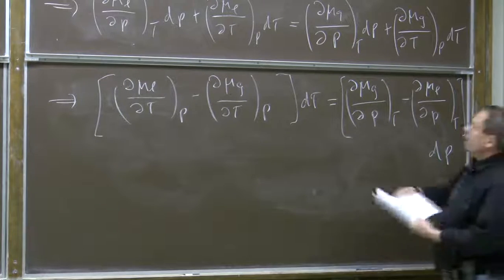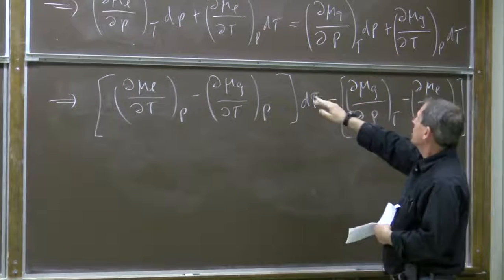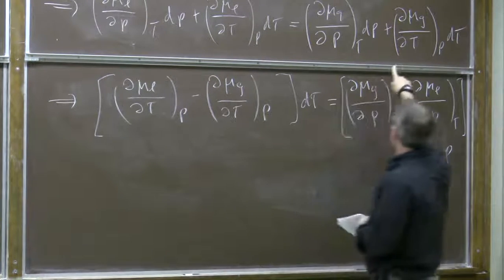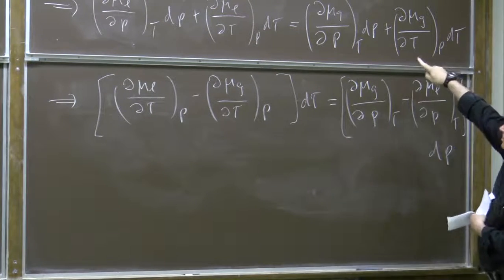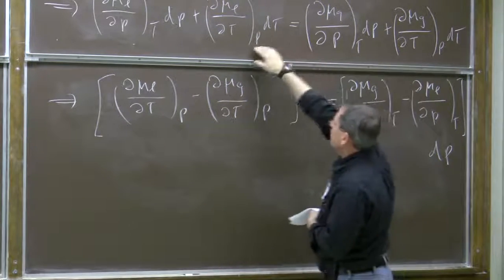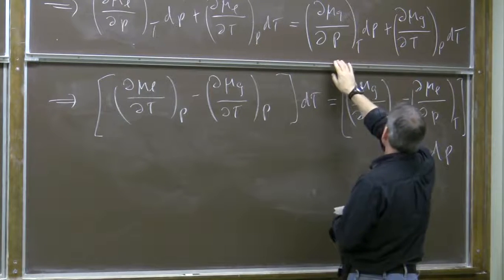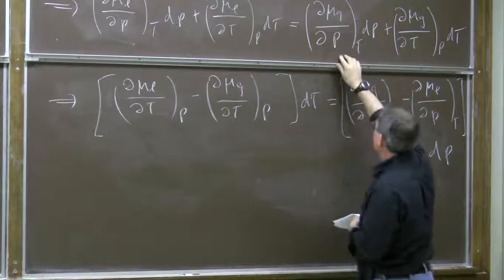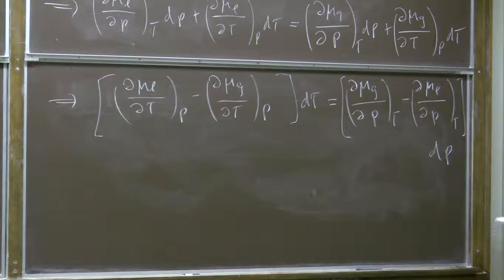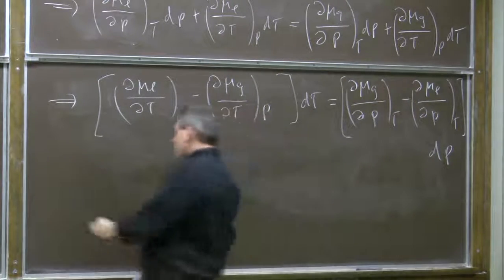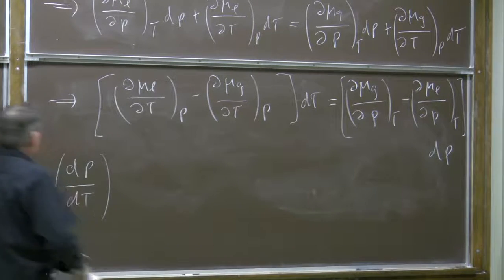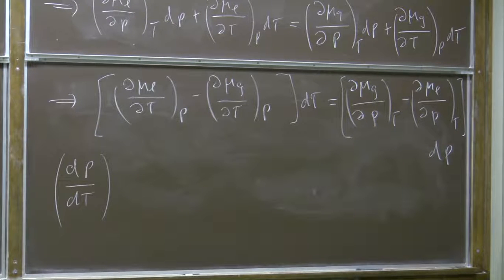See, the minus sign is different because I moved this term and subtracted away this term, put that on the left-hand side, then took this term, derivative of chemical potential of the gas, minus this term, dp, put that on the right-hand side. So that tells us what dp d tau has to be along the coexistence curve. In other words, it tells us the tangent.